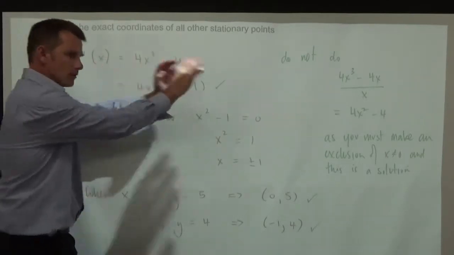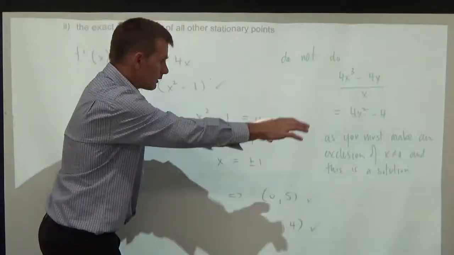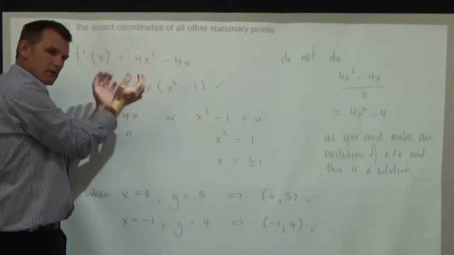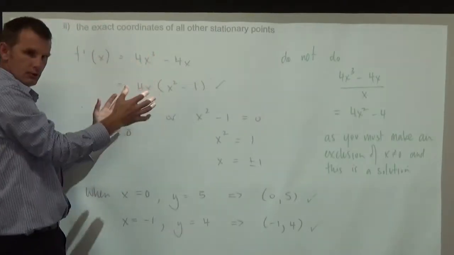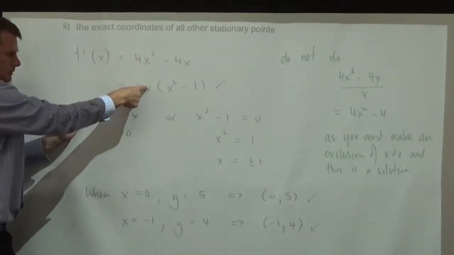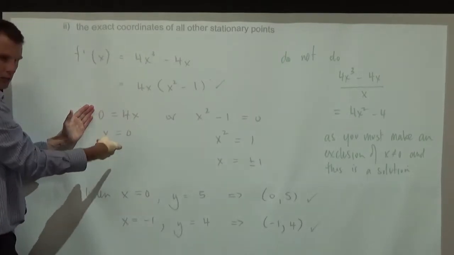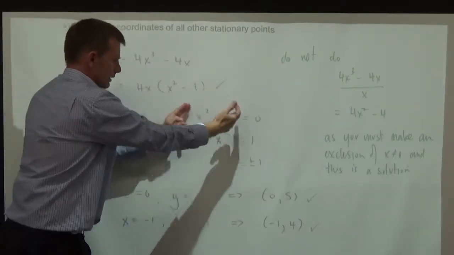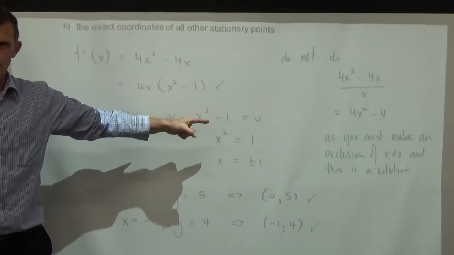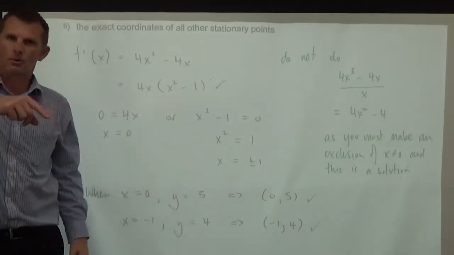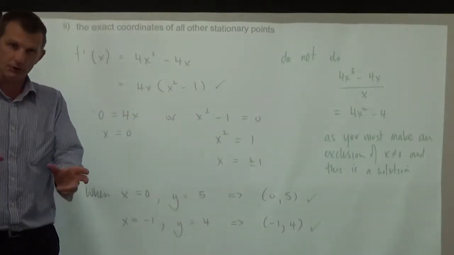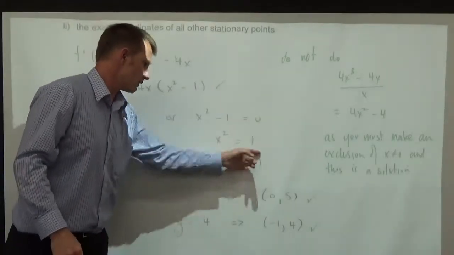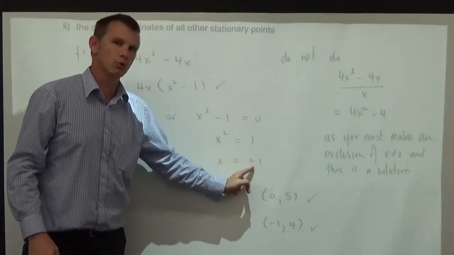So don't cancel down when you're solving things, factorise. Factorise means you don't lose your solutions. One of the solutions is going to be 4x equaling 0, or x equals 0, or this one equals 0. That's the difference of two squares, so you could have written x minus 1, x plus 1, and got your two answers, or move it over, take the square root of both sides, plus or minus.